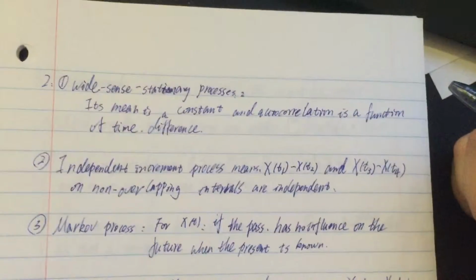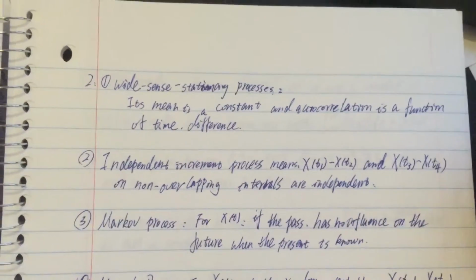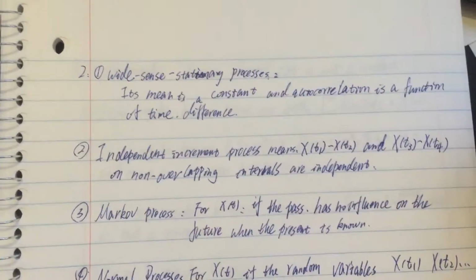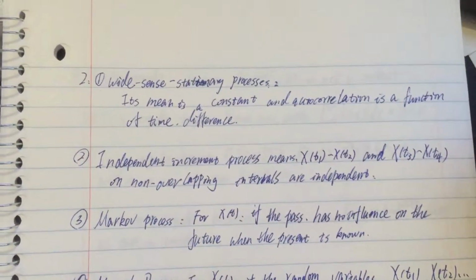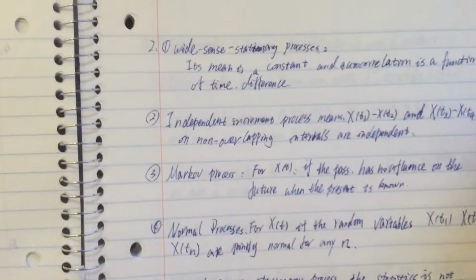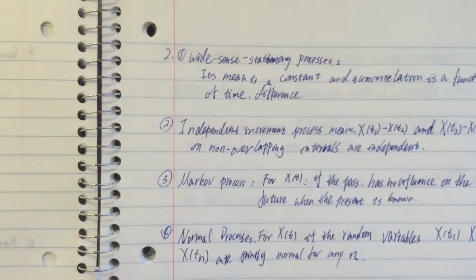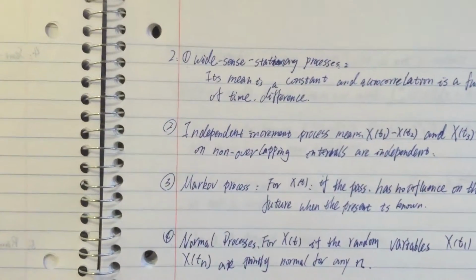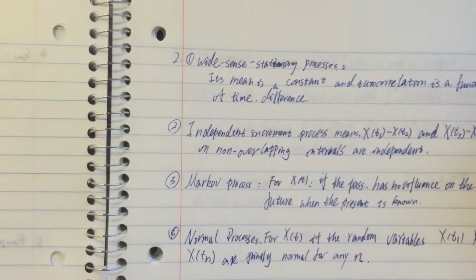For the wide-sense stationary process, its mean is a constant, and the autocorrelation is a function of the time difference.